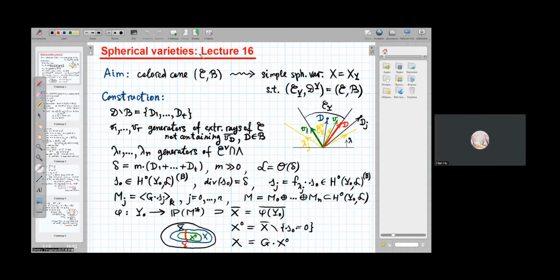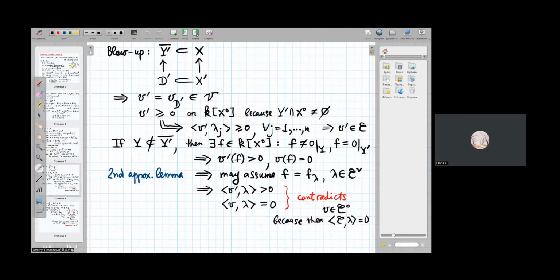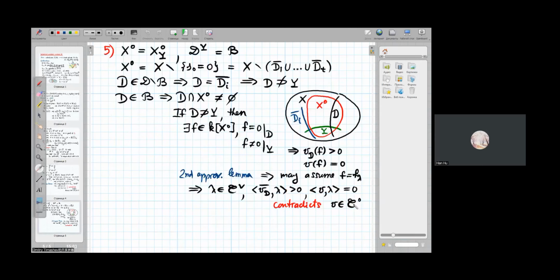And since the value on V is 0 in the interior, then all these values should be 0 for a vector from here. But it is not the case. So this is a contradiction.